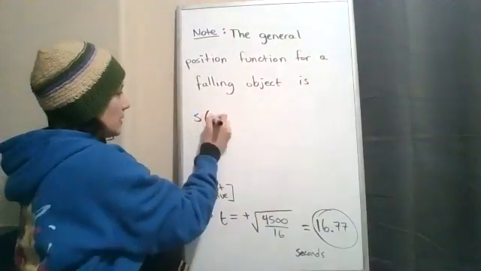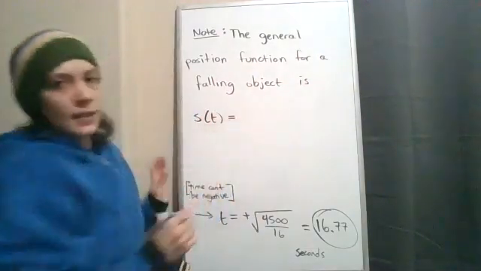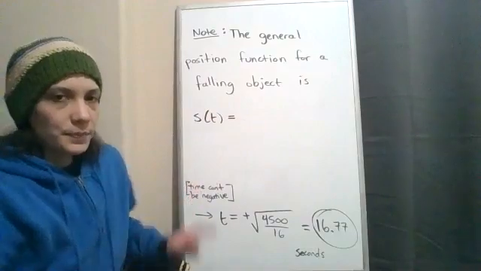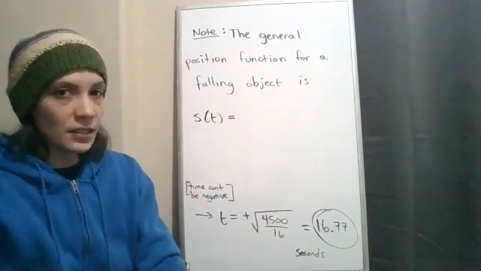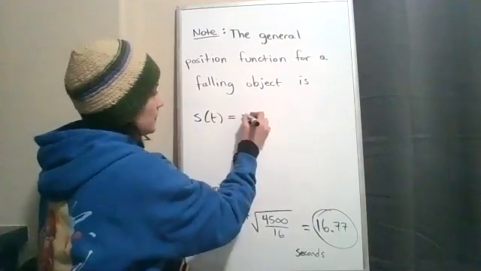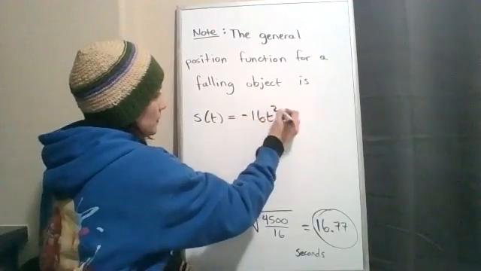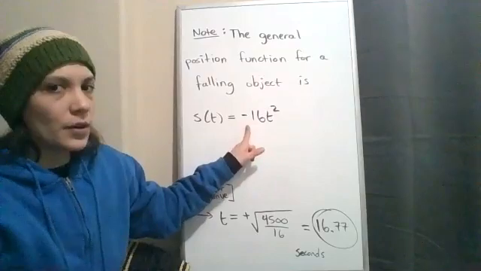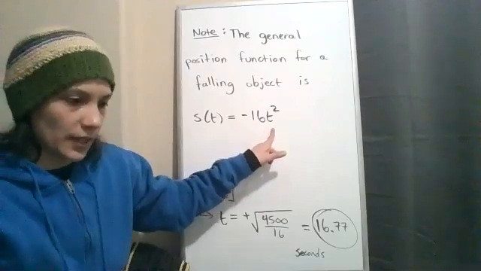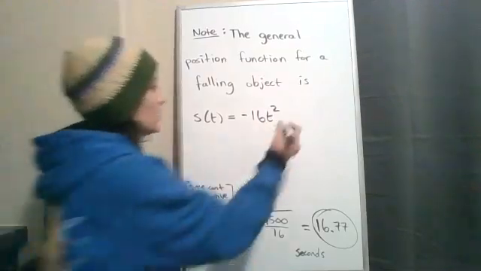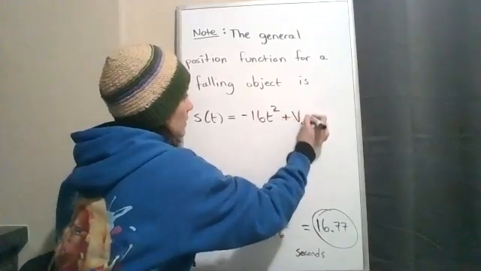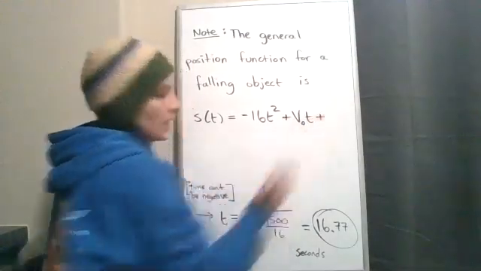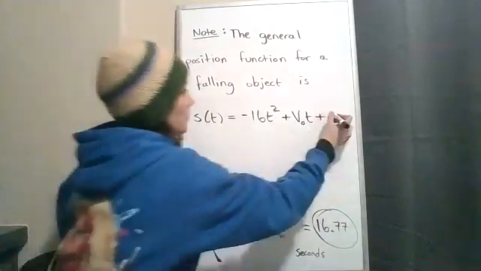S of t equals negative 16t squared, or half of the acceleration, negative 1/2 of the acceleration times t squared, add v naught t and then add S naught.